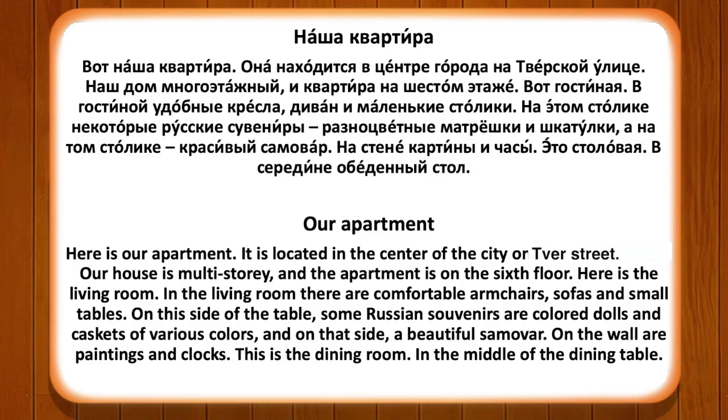There are several items, that is why удобные has been used. Кресла, as we know that the singular кресло ends with o, whenever we are using it in plural, it ends with a, that is why удобные кресла. Comfortable armchairs. Диван. Диван means sofa.